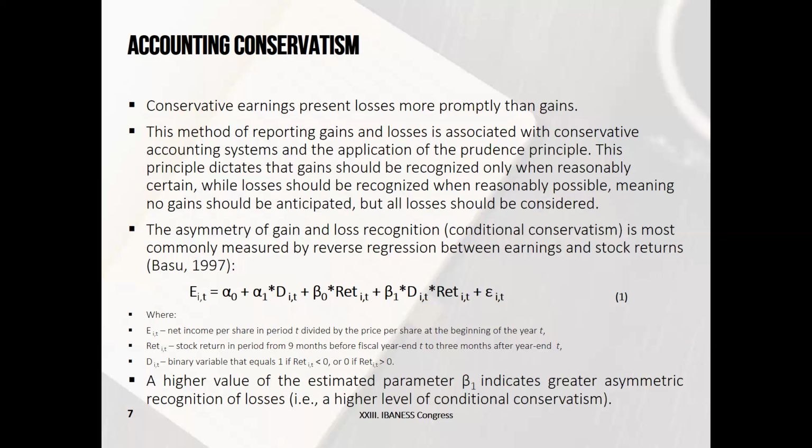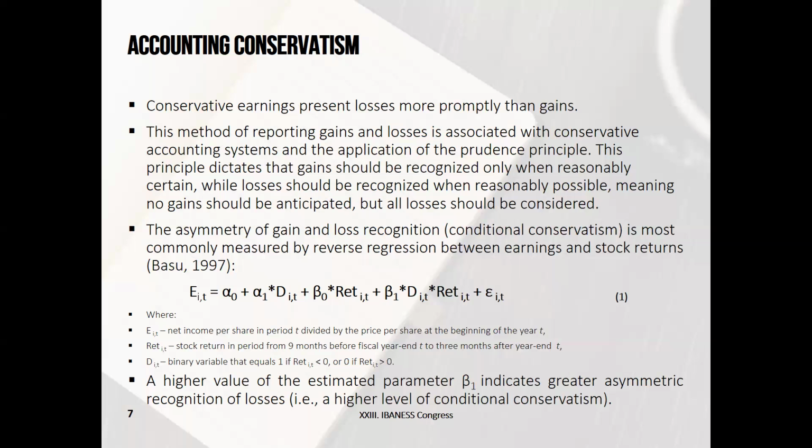Basu uses stock returns as a measure for economic news because stock returns serve as a timely and objective proxy for the arrival of new information about firms' economic prospects. Basu argues that stock returns reflect market participants' collective expectations and reactions to new information, making them an effective measure of economic news.